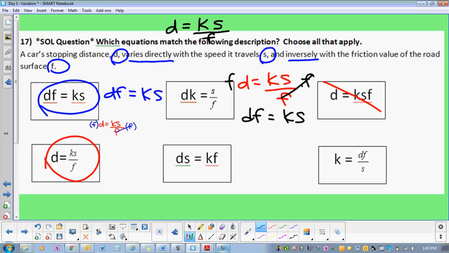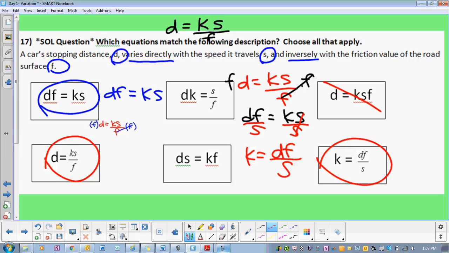How do you solve for K? What do you have to do? Divide by S. So K equals DF over S. All right, that one works. You basically use the one, then you solve it and simplify it. Right?